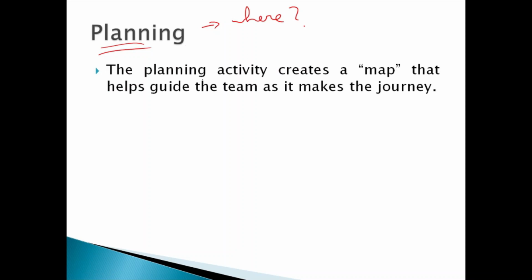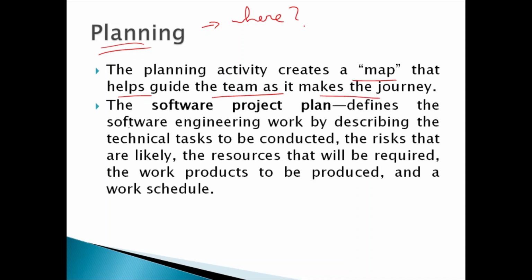Okay. Next one is planning. So where we want to go? This question is addressed at this phase. That is, the planning activity creates a map that helps guide the team as it makes the journey. Okay. For example, the software project plan.